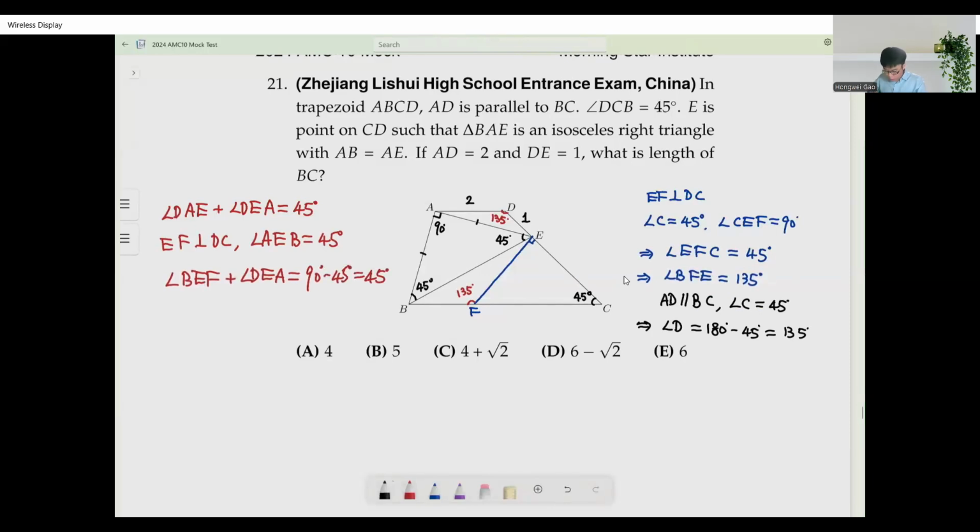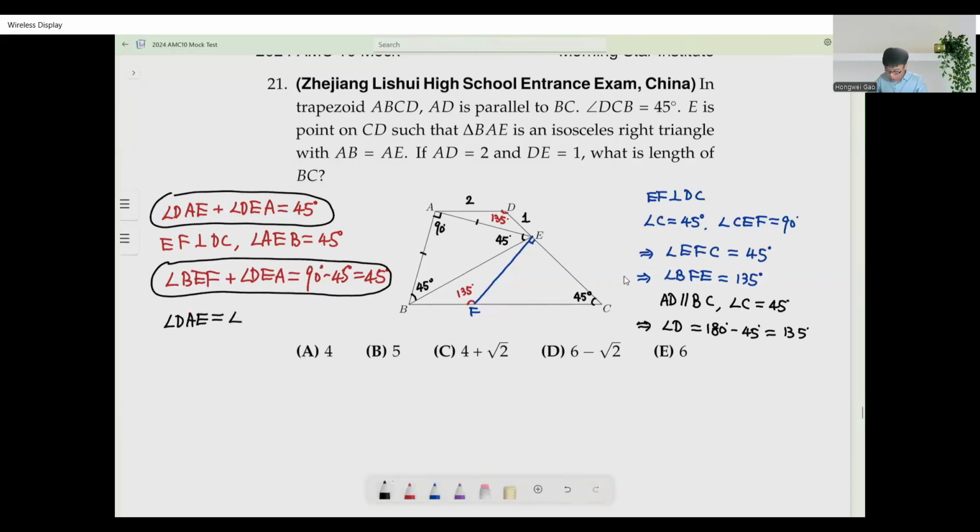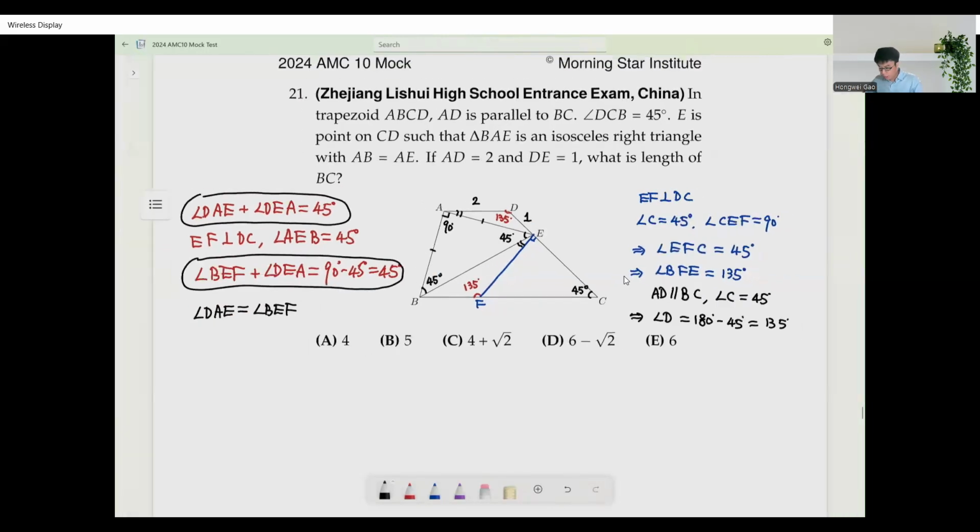From these two equations, we have the conclusion that angle DAE equals angle BEF. Let me mark it. Angle DAE here equals angle BEF. So we have angle D is 135, angle BFE is 135. So we have similar triangles.